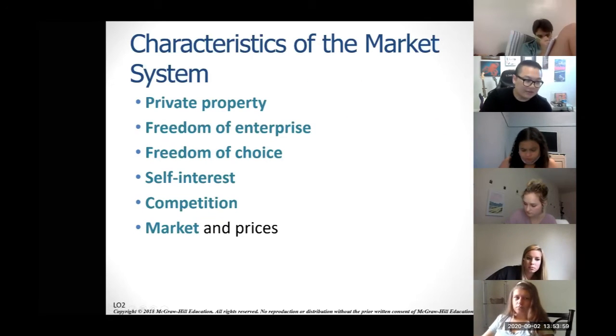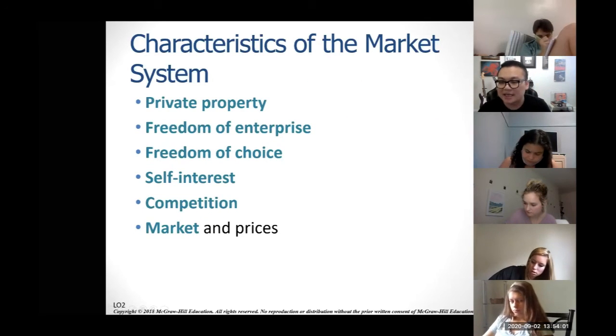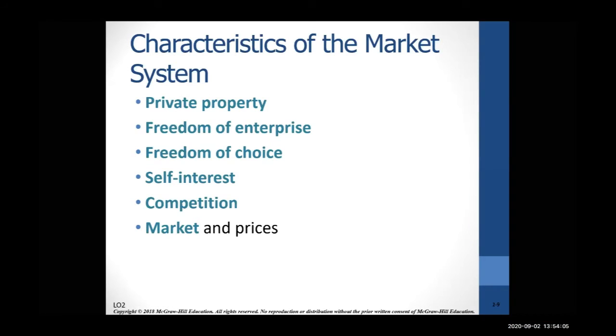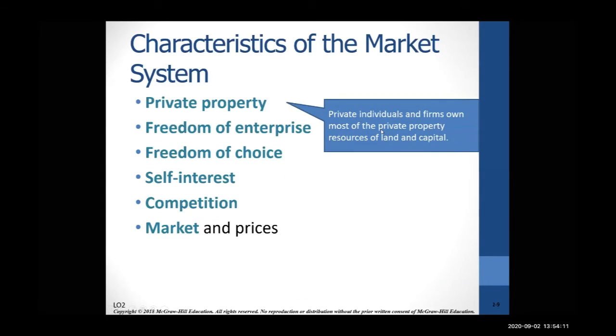So the characteristics of the market system, I'm not going to test you on anything from here, so you don't need to worry about anything from here. What are the characteristics of the market system? For example, private property means private individuals, citizens, and companies own most of the resources, land and capital. This is pretty much happening in the United States right now.